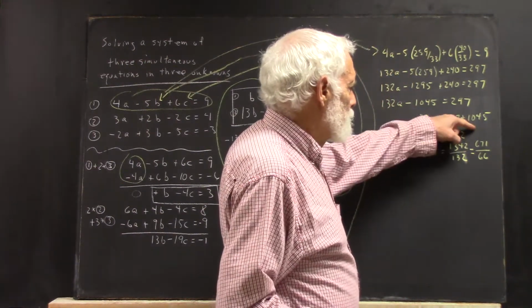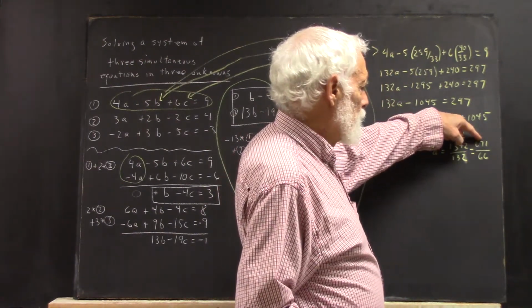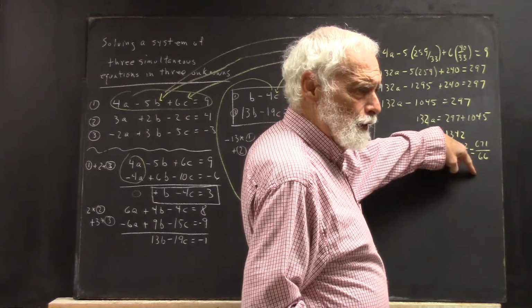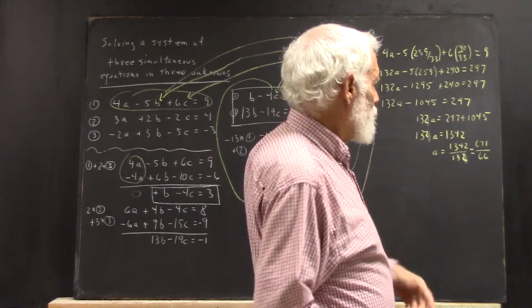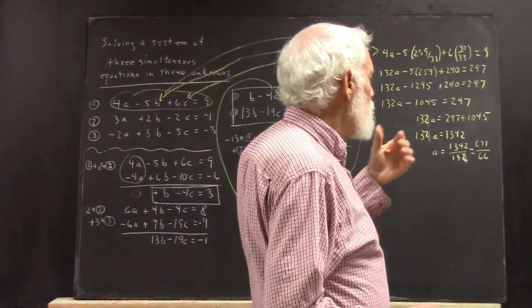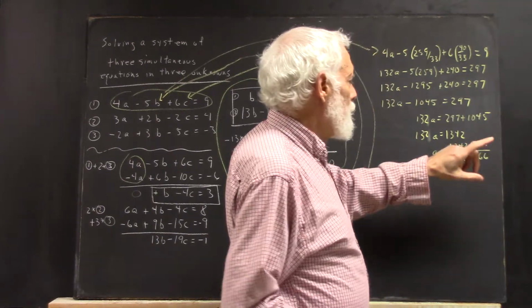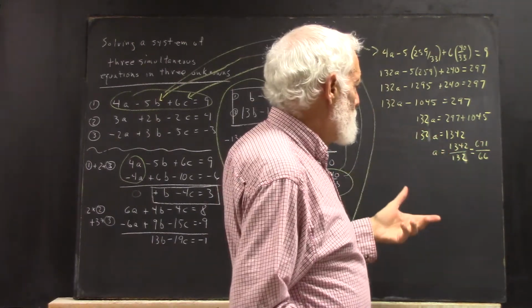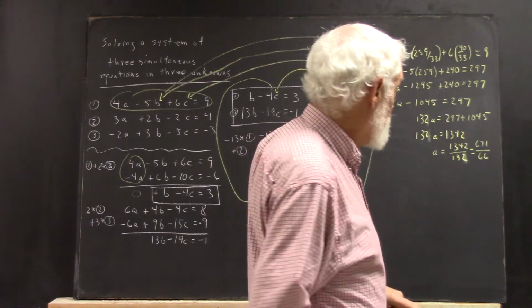3 goes into 660, but that would leave 11. So 3 goes into 66, but not this. So there's a factor of 3. That doesn't work. 2 doesn't work. So you're left with 11, and 11 goes into it. I'll be darned.